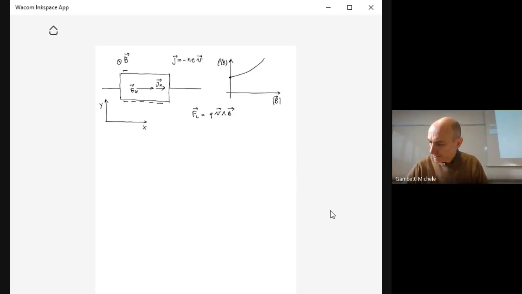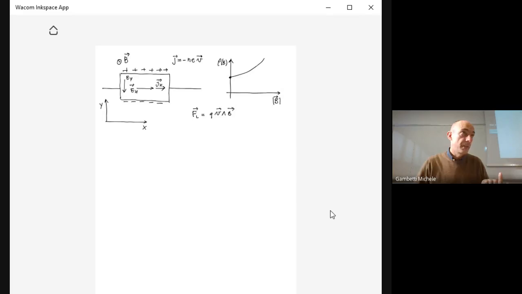So here you have a positive charge on the other side. What happens due to the fact that you produce these two charge distributions? Due to the charge distribution, you have an electric field that is downward. So in this case, we have Ey that is downward.